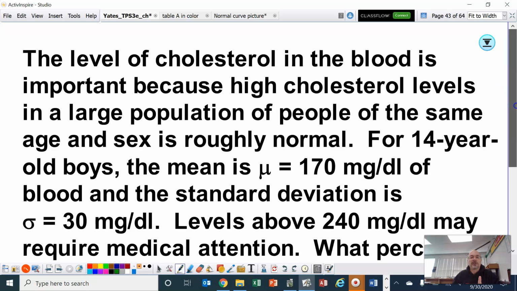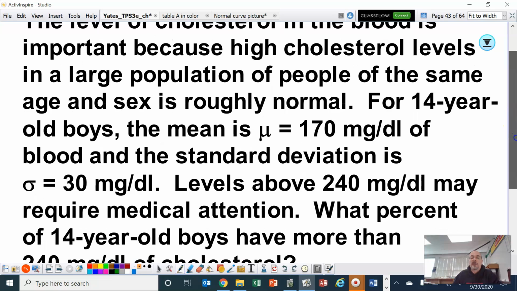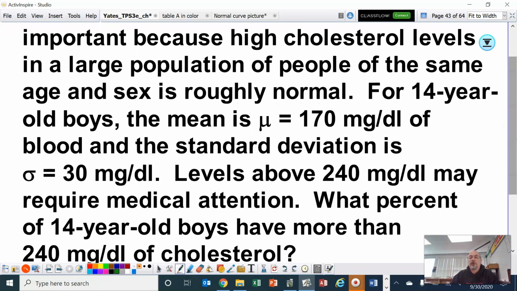Here's the problem. Again, it's right out of your book. The level of cholesterol in the body is important because high cholesterol levels in a large population of people of the same age and sex is roughly normal. For 14-year-old boys, the mean, mu, is 170 milligrams per deciliter of blood, and the standard deviation is 30 milligrams per deciliter.